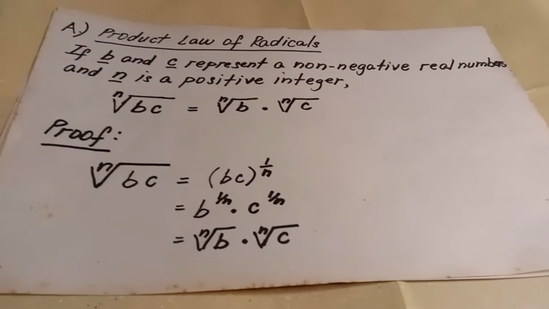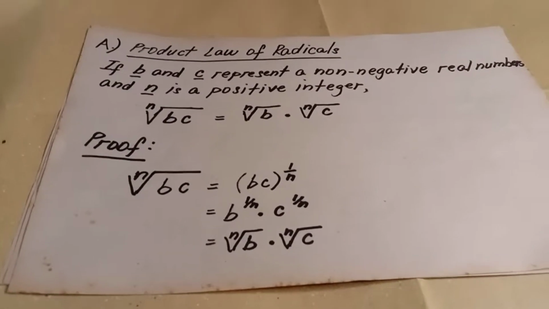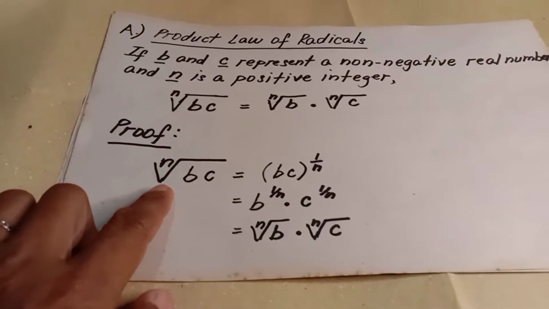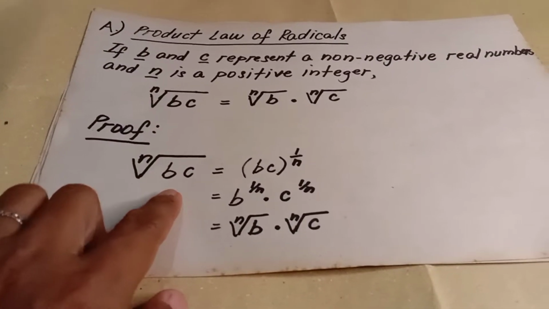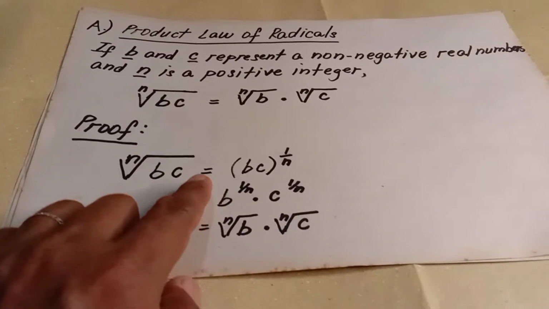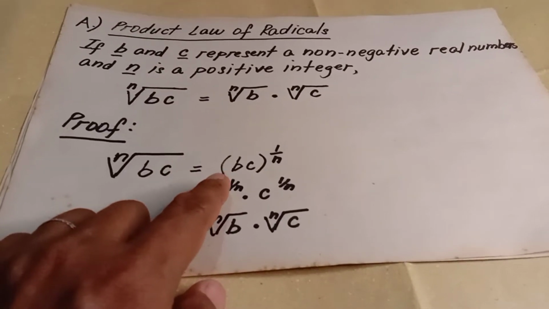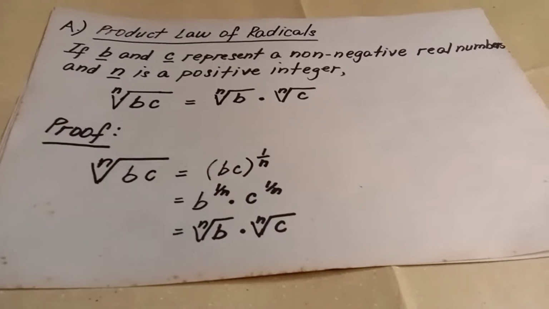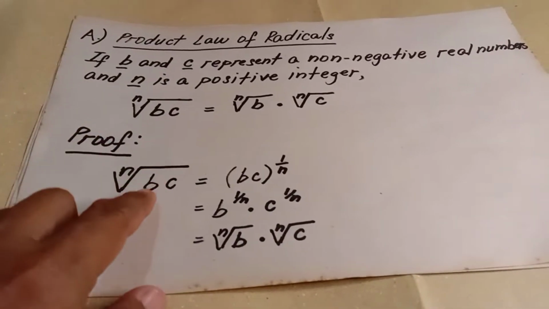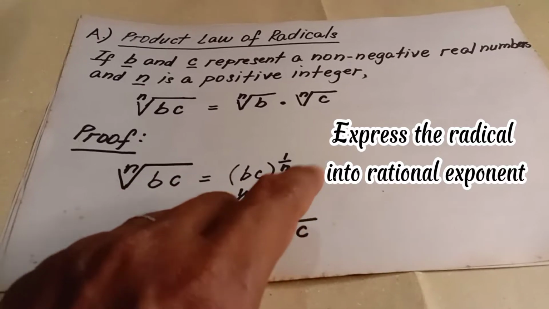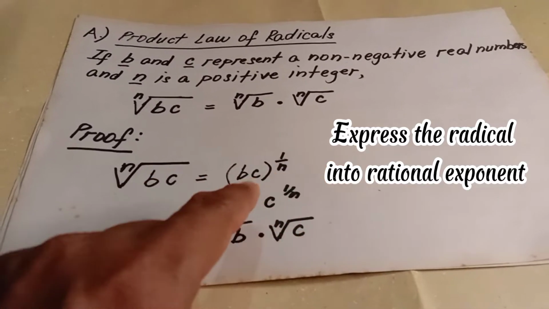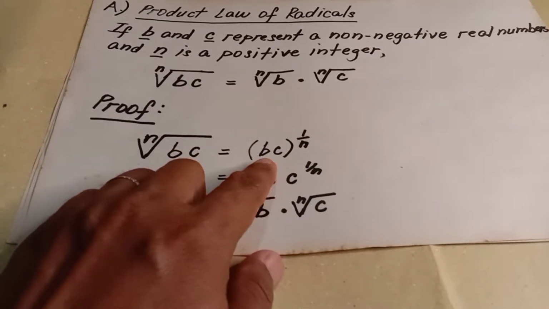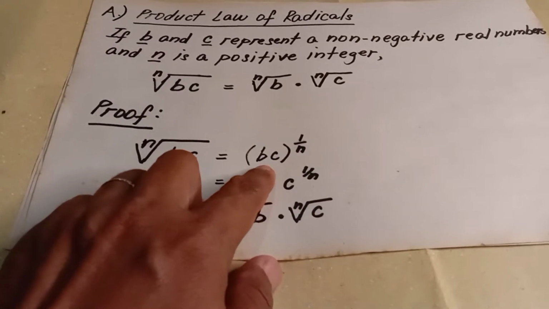Okay? And to prove this equation, the nth root of B and C is equal to BC to the exponent 1 over n. By the way, i-express po natin tong radicals into rational exponential form, rational exponents.